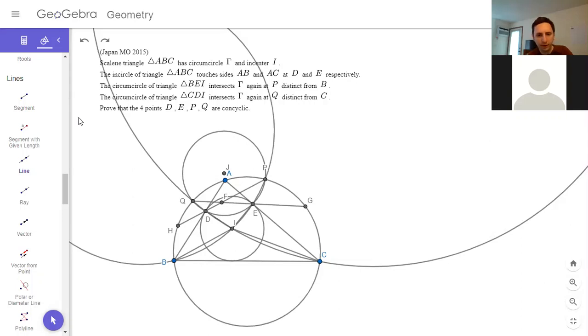So BIE, we know angle BIE, we know angle CIB. So angle BIE is, I think, 180 minus B over 2.